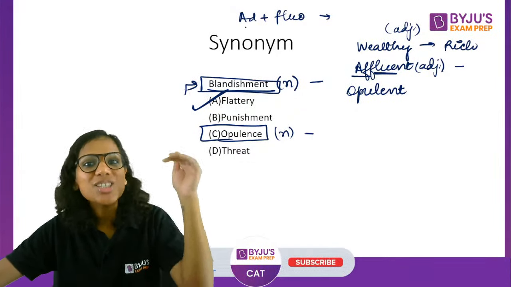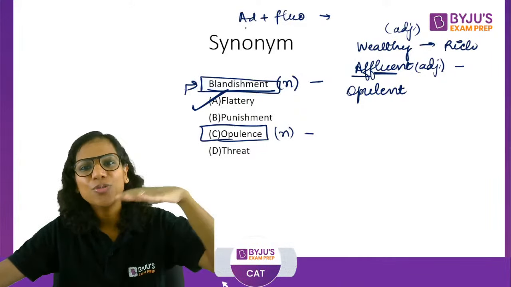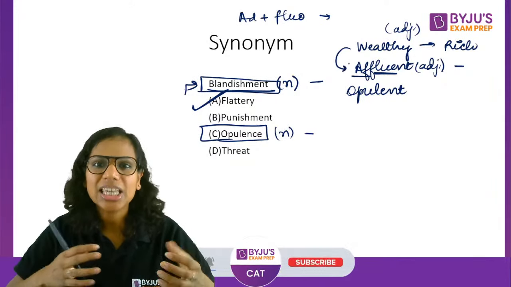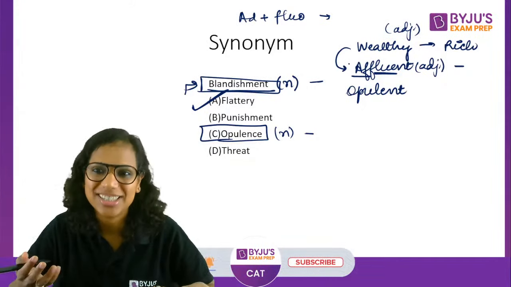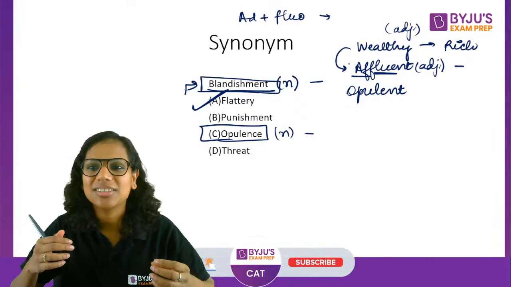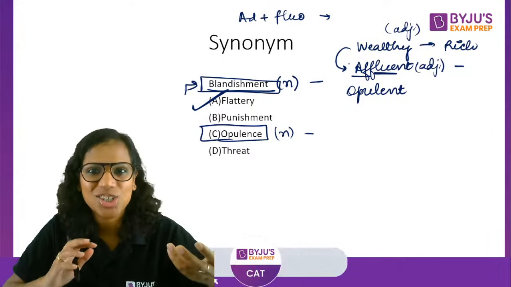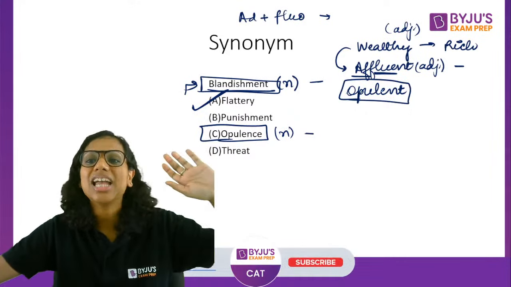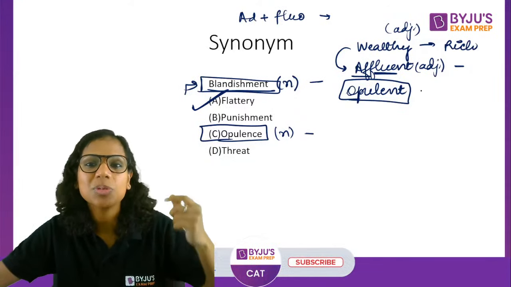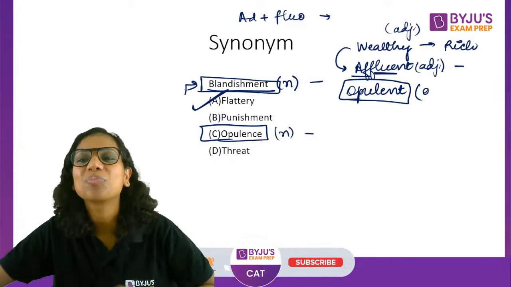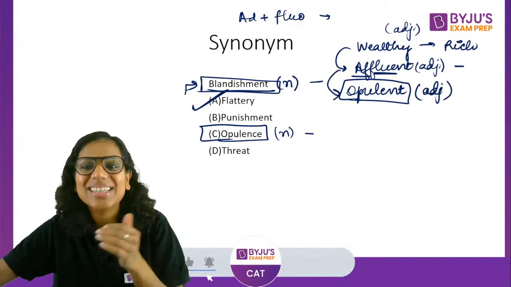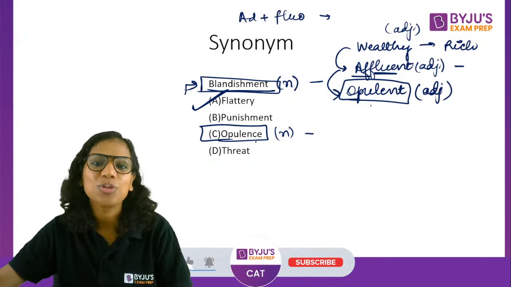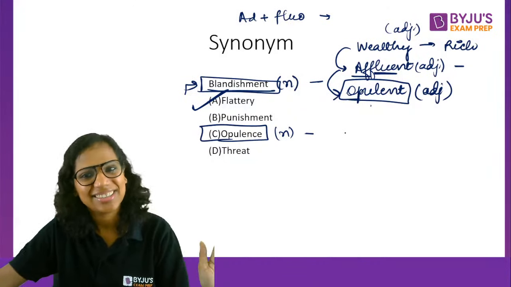This means that money is flowing towards you. So it is a better term than wealthy in case you want to highlight how rich someone is. When we say this is not normal rich, this is ultra rich, you can use affluent. Opulent is a higher degree, extremely rich. When we say this person is filthy rich, that is opulent. Opulent is a higher degree even than affluent. So wealthy, affluent, opulent. So opulence is extreme wealth.